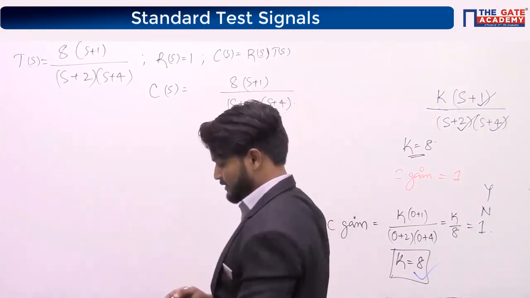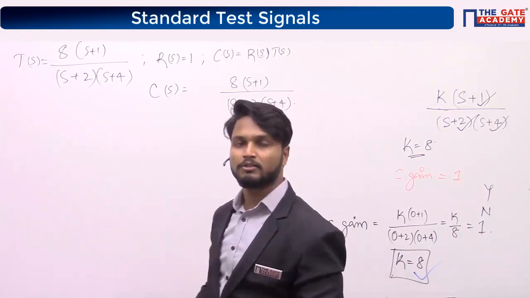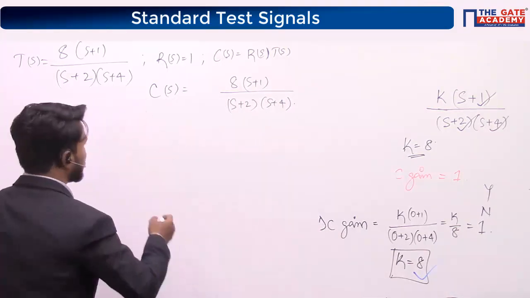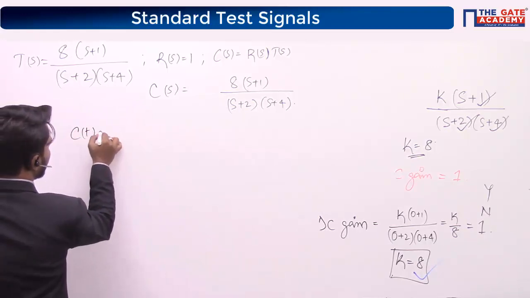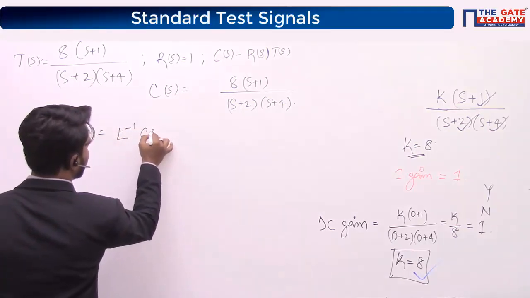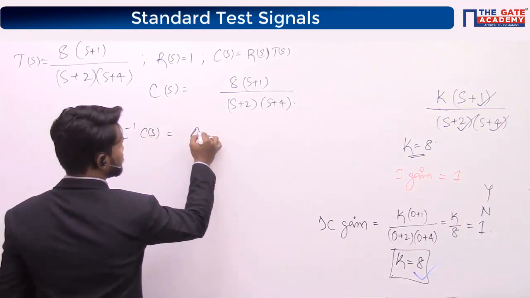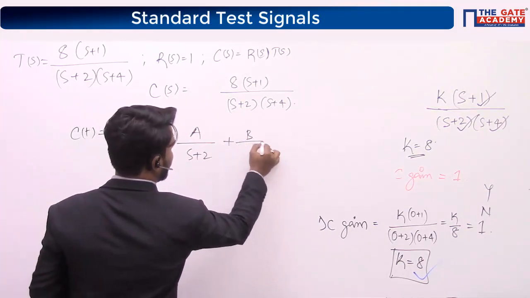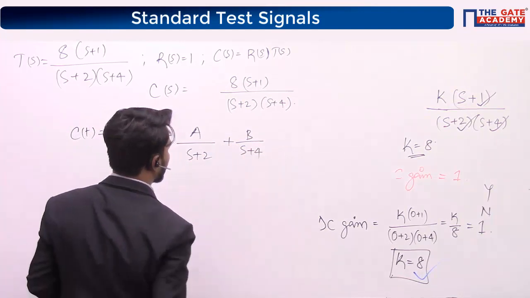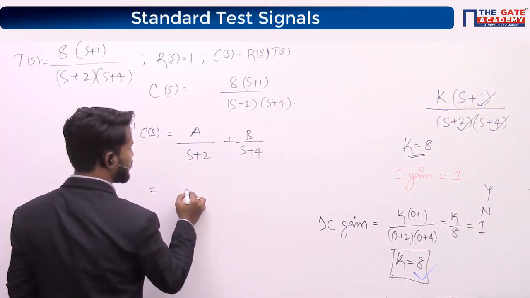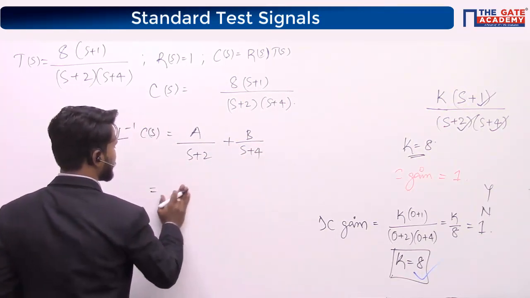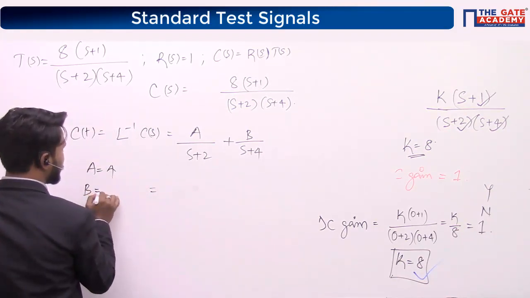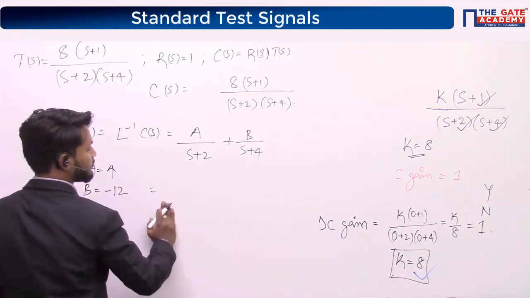Please watch it carefully. All those examples will be covered in this. So how to find C of t? C of t is the Laplace inverse of C of S. That is equal to A by S plus 2 plus B by S plus 4. If you solve this, you will get the value of A as 4 and B as minus 12.